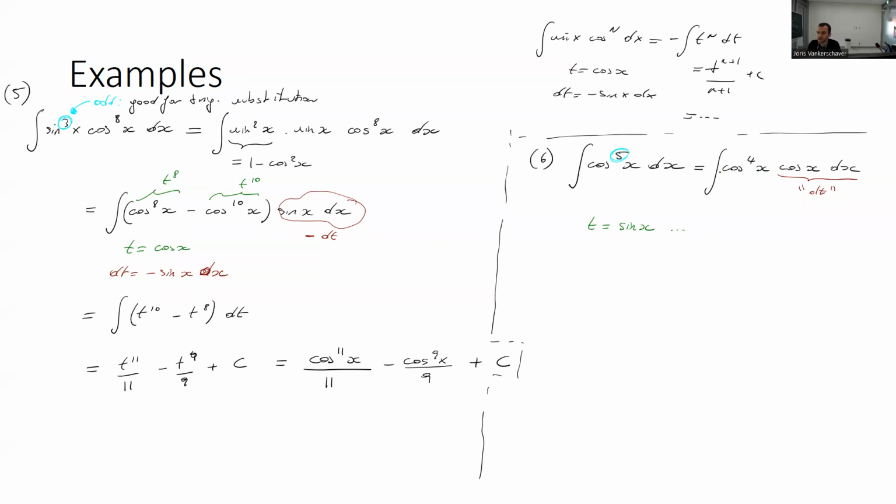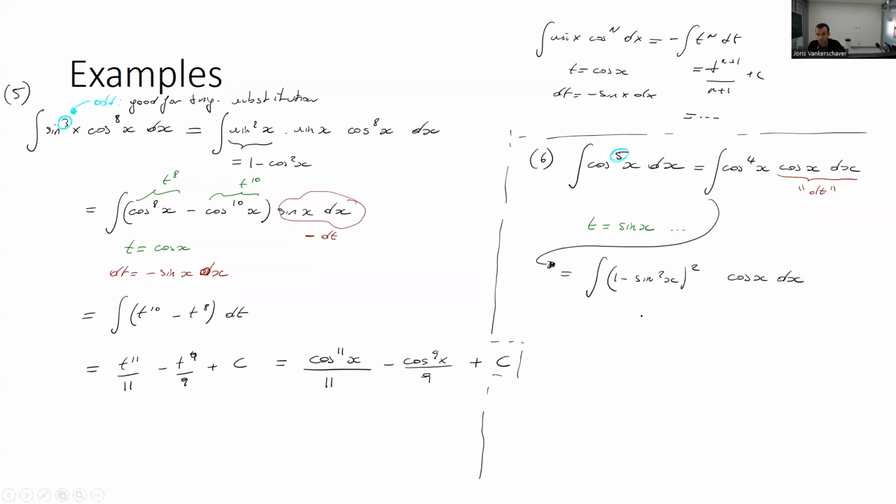But if you look at the integrand, I don't have sine x anywhere. I have a lot of cosines, but I have no sine. So that means that we have to rewrite the integrand a little bit. What we can do, for example, is turn cosine to the power 4 into sine by writing this as 1 minus sine squared of x, squared, and then cosine x dx.